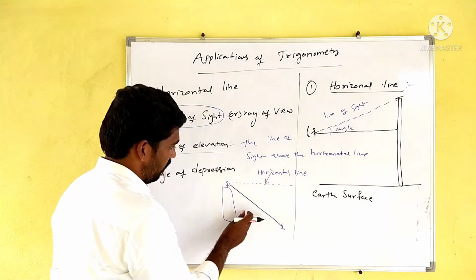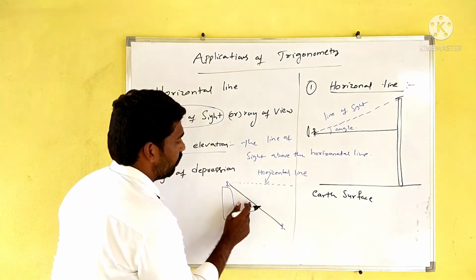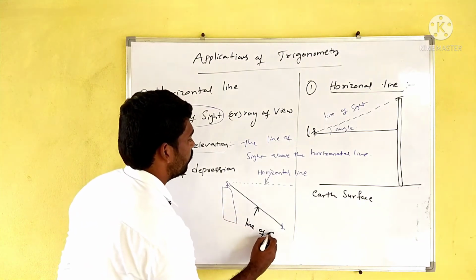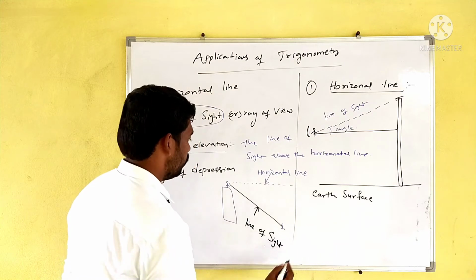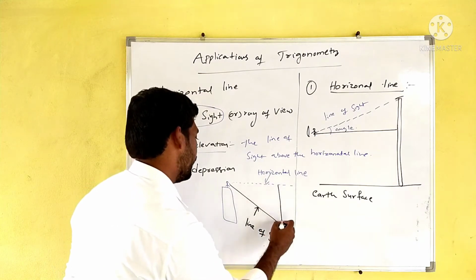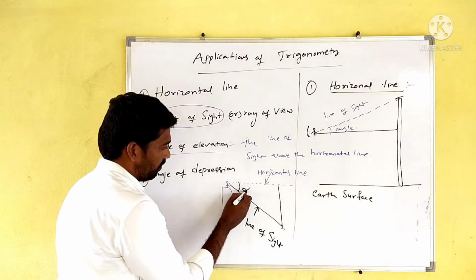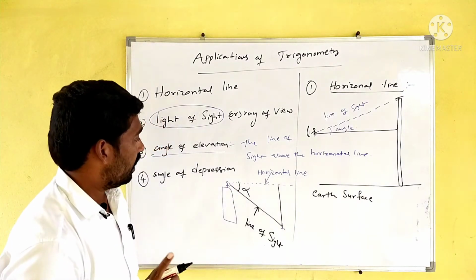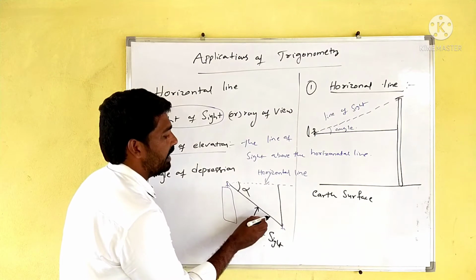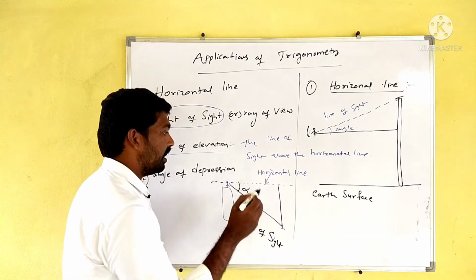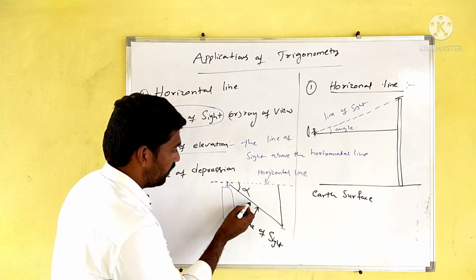This one is called the line of sight, and this one is the height. Here some angle, an alpha angle, is formed.